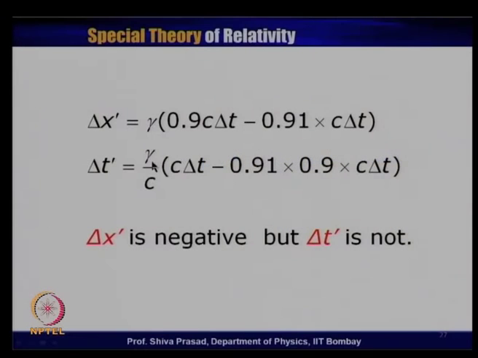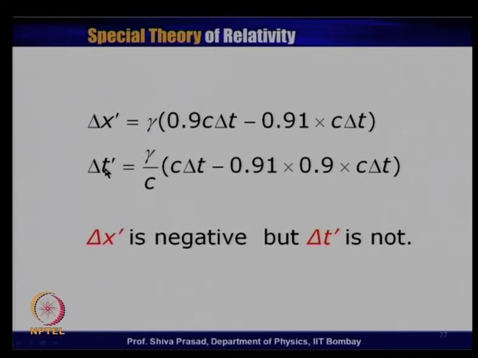Substituting v as 0.91 c, that c cancels, and delta x was 0.9 times c delta t. If I take c delta t out of the bracket, this becomes 0.9 minus 0.91. So, delta x prime has become negative.